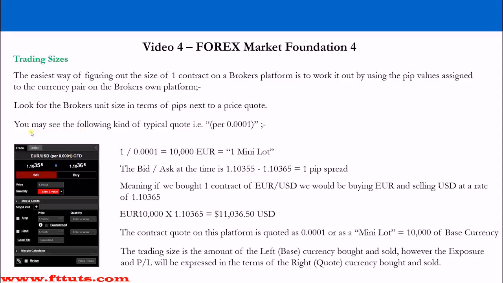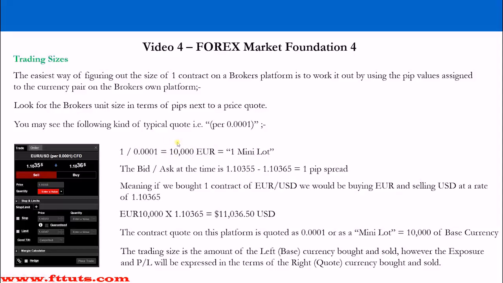So you might see the following kind of quote here, where it says EUR/USD per 0.0001 CFD. What you do is you divide 1 by this value, and this gives you 10,000 in the base currency.